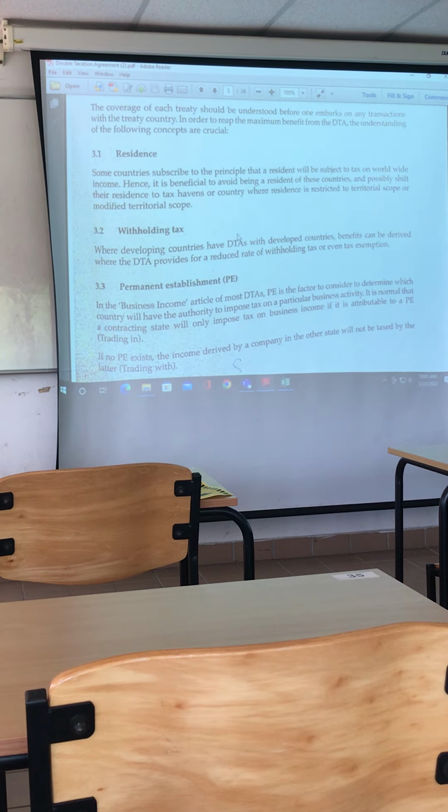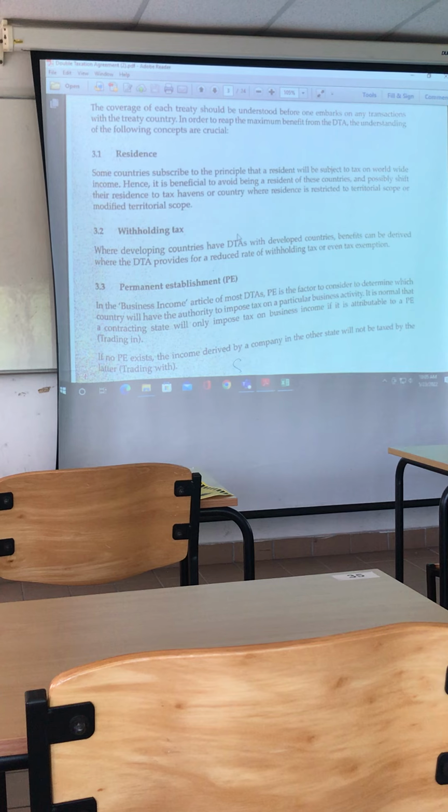In your Tax One, you already looked at the resident status of a person. Some countries subscribe to the principle that a resident will be subject to tax on worldwide income. For example, the United States of America: the income is on a worldwide basis. So their resident, wherever the income is derived, will be taxed by the US.